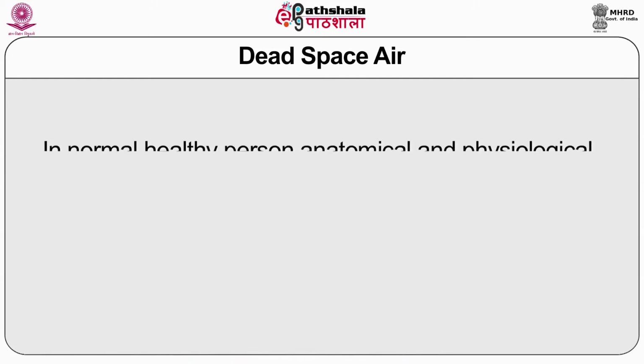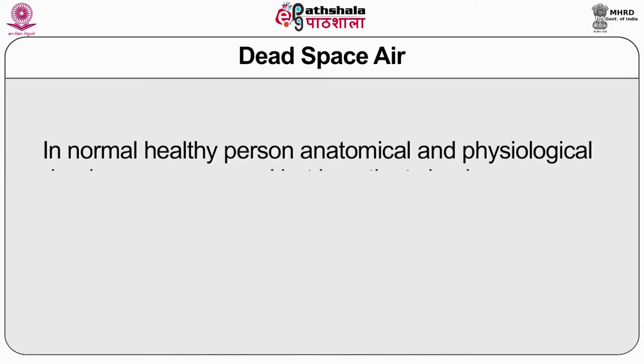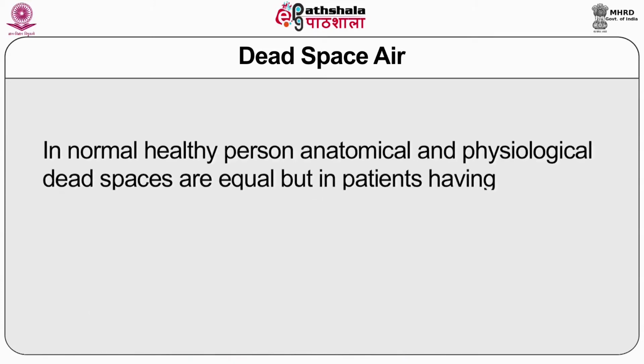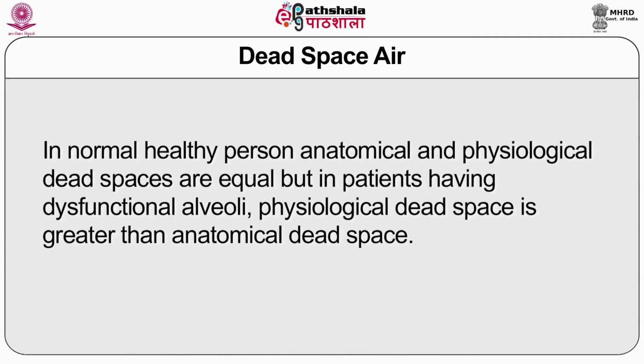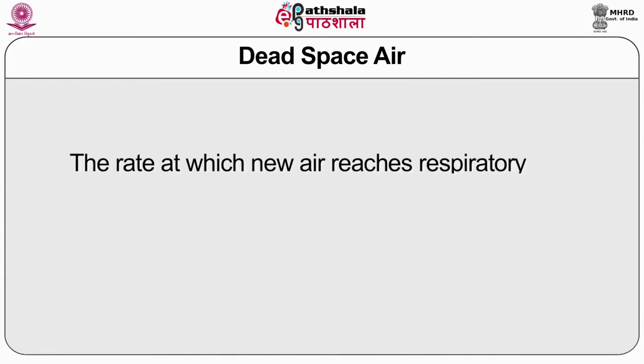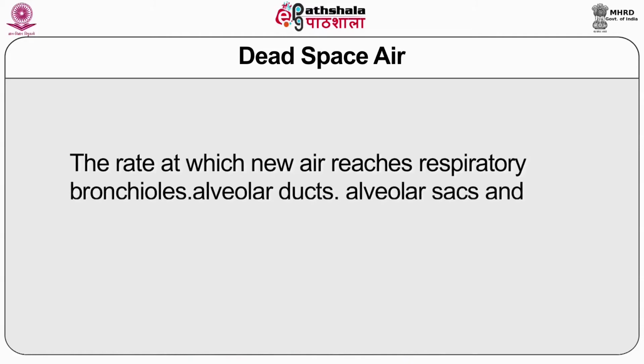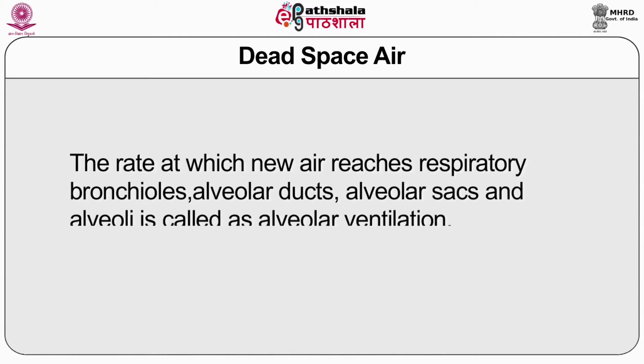In a normal healthy person, anatomical and physiological dead spaces are equal, but in patients having dysfunctional alveoli, physiological dead space is greater than anatomical dead space. The rate at which new air reaches respiratory bronchioles, alveolar ducts, alveolar sacs and alveoli is called alveolar ventilation.